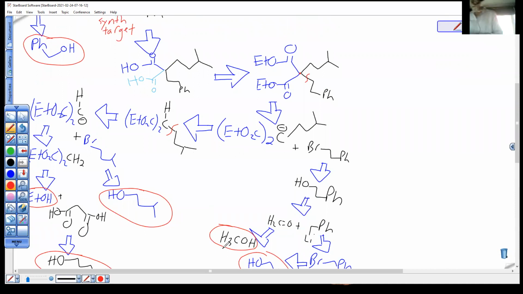How did you make the diol into the dicarboxylic acid? You're going to say, I'm going to use CrO3, H2SO4, and don't forget water. How do you make the alkyl bromide from the alcohol? PBr3.